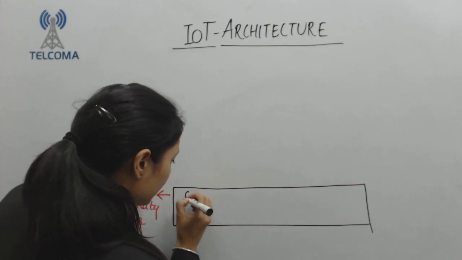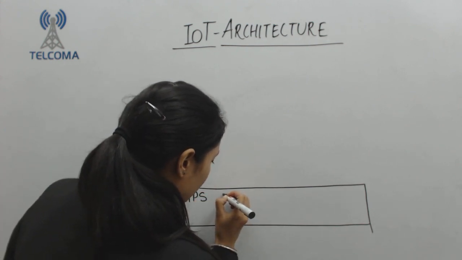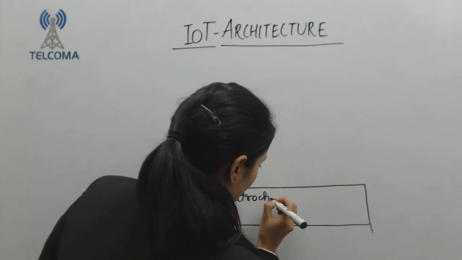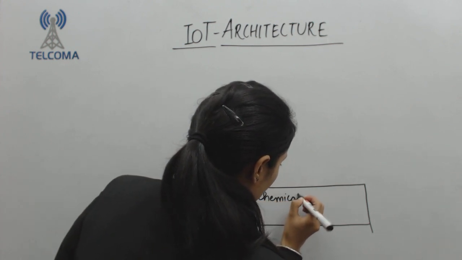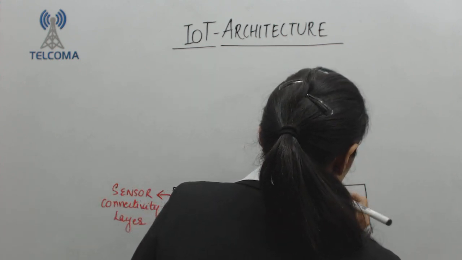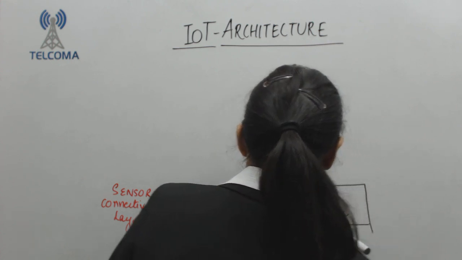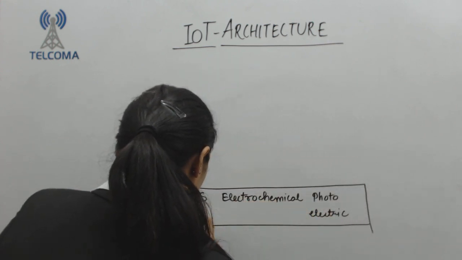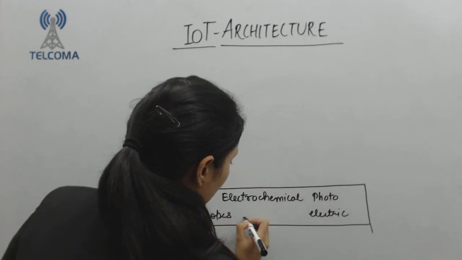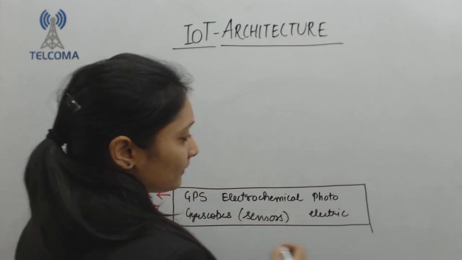So that can include your GPS, your electrochemical, photoelectric, these kinds of sensors here.